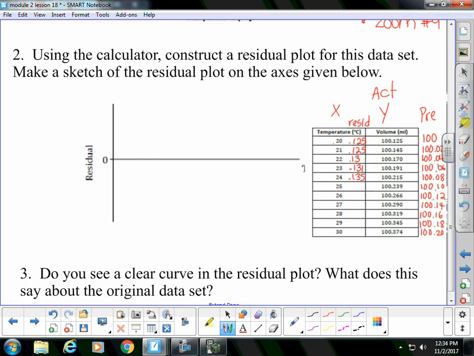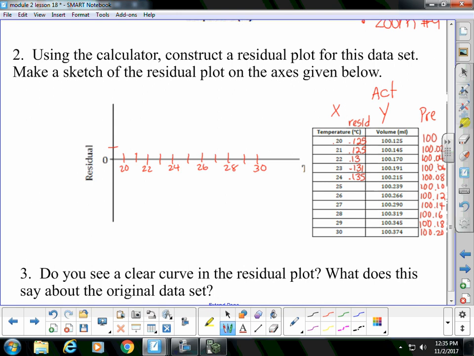And you want to keep going, and then we're going to have to plot this. So on the x-axis, we're going to have from 20 to 30. So that would be 20, 21, 22, 23, 24, 25, 26, 27, 28, 29, 30. But on the y-axis, these numbers are really small.